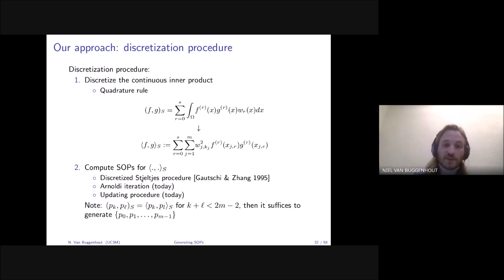It's a discretized Stieltjes procedure, which is also based on this discretized Sobolev inner product. And today I will talk about the Arnoldi iteration and the updating procedure. And again, as before, if our discretized Sobolev inner product equals our continuous Sobolev inner product for the degrees k plus l smaller than 2m minus 2, then this suffices to generate the first m Sobolev orthogonal polynomials.